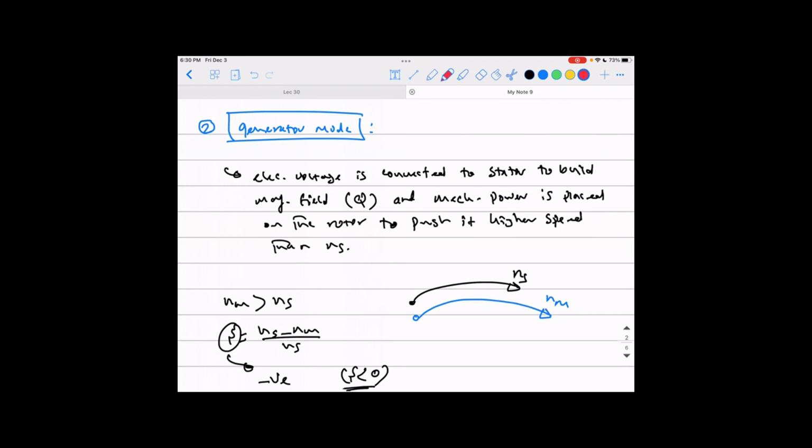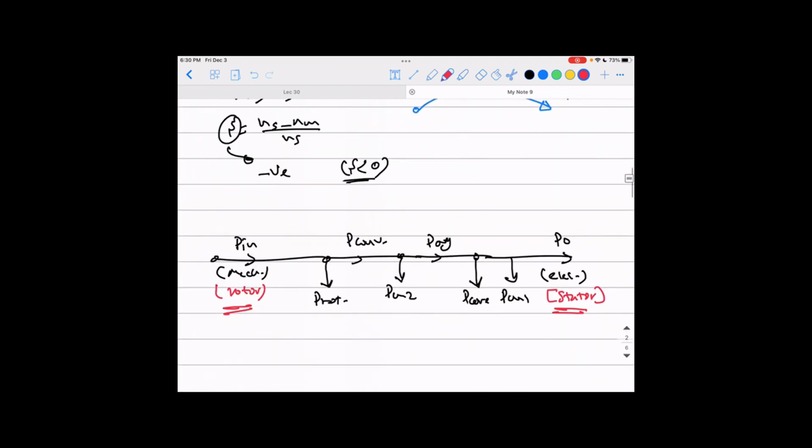But for the regular machine we're talking about, you just have one source on the stator, so the stator still has to get some Q from the grid to build its own magnetic field. That's why you will have P, the active power, output to the grid, but Q still input from the grid to the machine. So that's how you deal with the power flow.